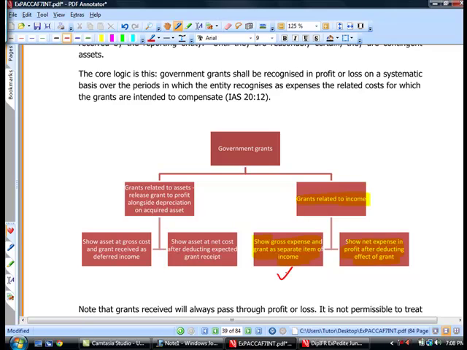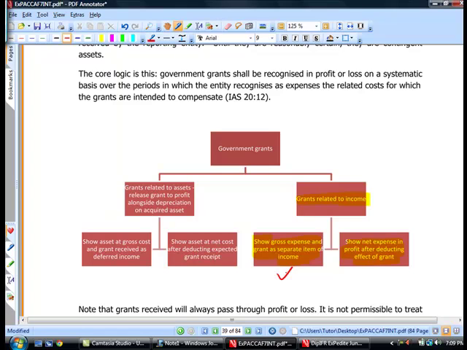Or I may receive a grant from the government in relation to an asset. So in this case, it will not be proper to use the same accounting treatment as we have done for a grant which relates to income. If I'm buying an asset, then the asset will be depreciated, I don't know, let's say over 10, 15 years.